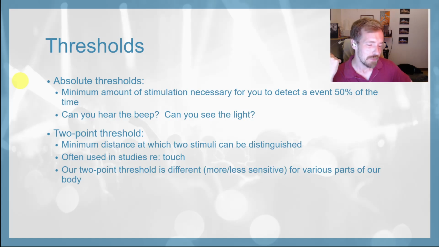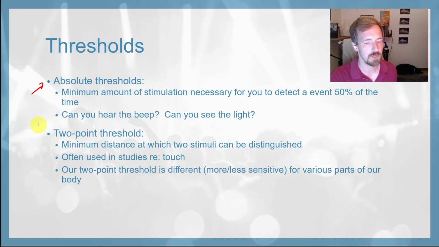But those kinds of tests are looking for your absolute threshold. They're looking for the lowest decibel, the lowest volume of that sound for you to be able to detect it at least half the time or more. That is your absolute threshold. And we can look at absolute thresholds for our different perceptions, and they are going to be different from individual to individual.